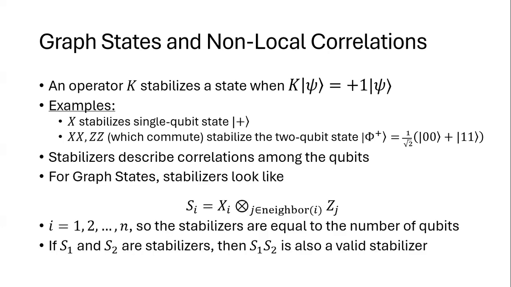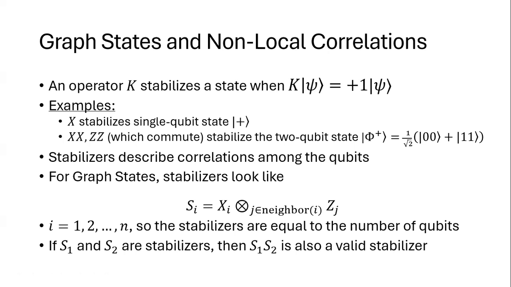For graph states, these stabilizers have a very specific form. You've seen this form in the previous slide. But generally, if you have a graph made out of n qubits, then you have n stabilizers. All of them have this specific form where, for instance, the stabilizer corresponding to the ith qubit has a Pauli X on the ith qubit times a Pauli Z for each neighbor of that qubit, neighbor meaning that they're connected in that graph.